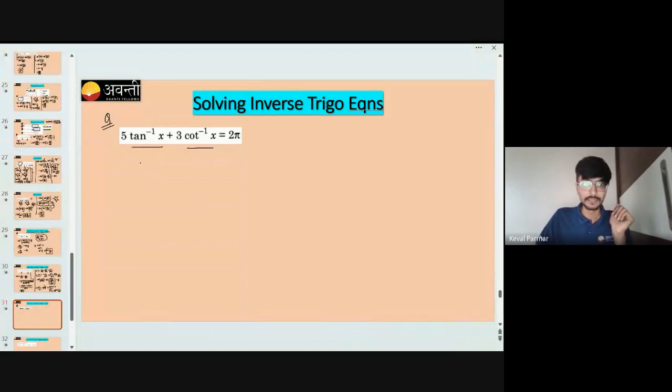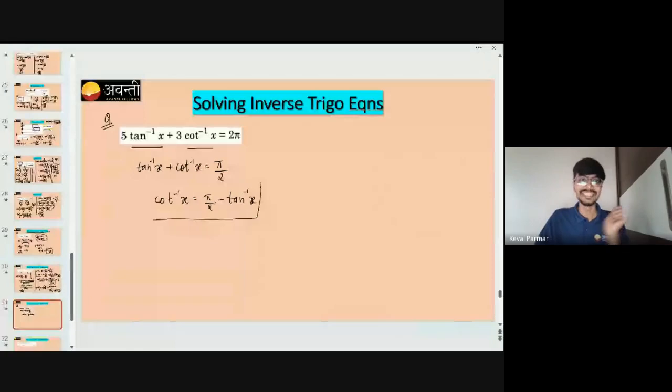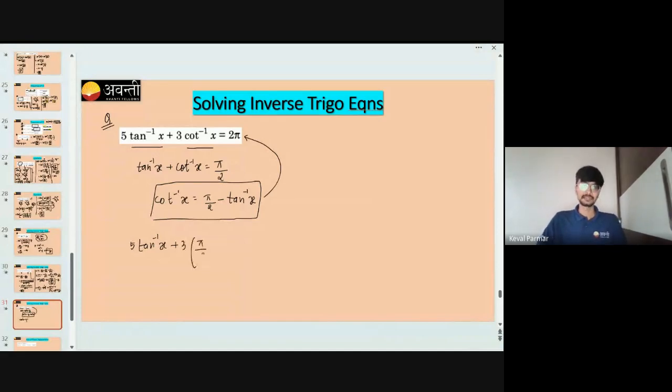So I use tan inverse of x plus cot inverse of x is equals to pi by 2. Meaning I can write cot inverse of x as pi by 2 minus tan inverse of x. So if I use this and substitute it here, my equation will look like 5 tan inverse of x plus 3 bracket pi by 2 minus tan inverse of x.